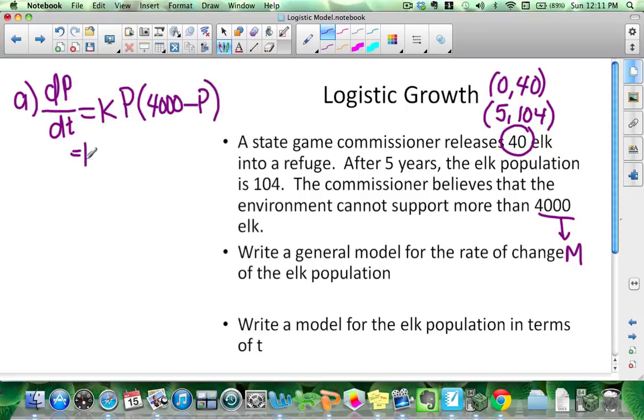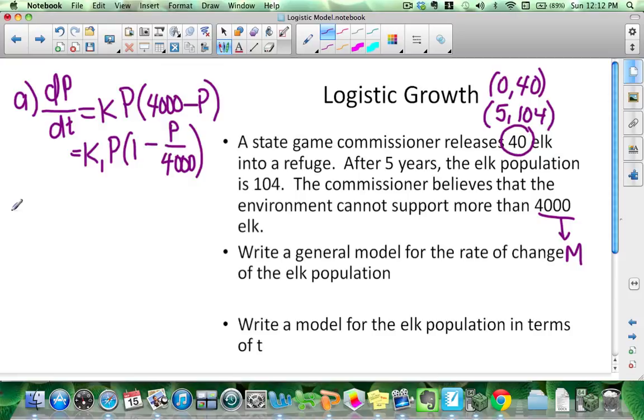Or I could have written this as a different constant times P times (1 minus P over 4,000). Either of those would be fine. And it just says the general model, so it's okay to keep this k here.